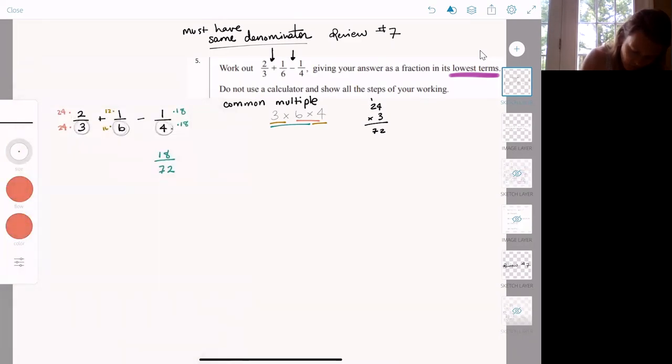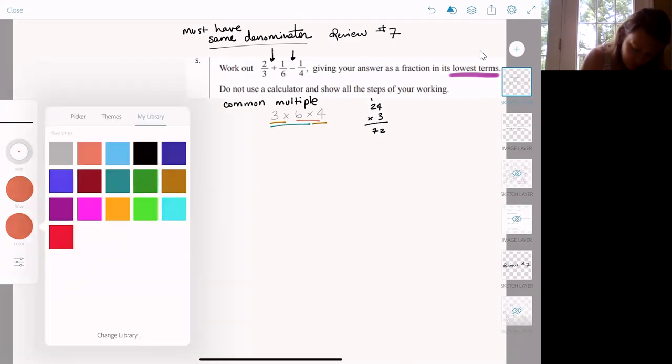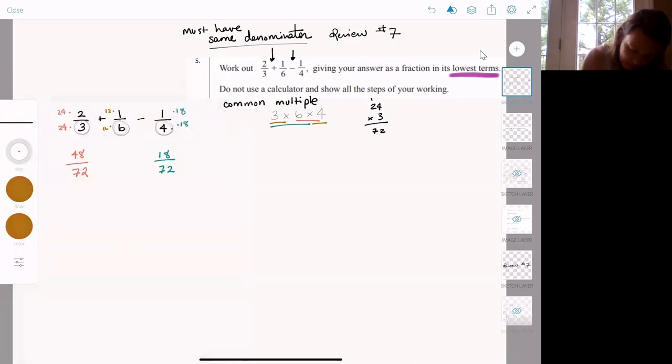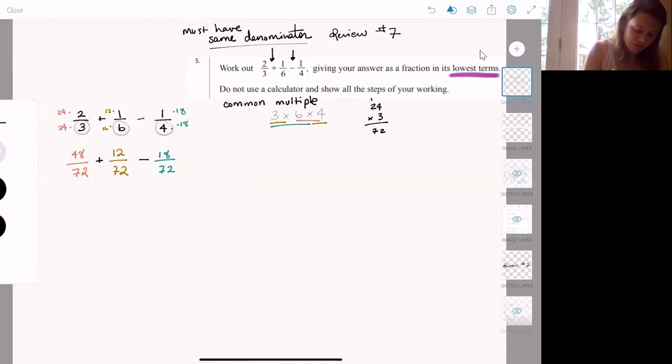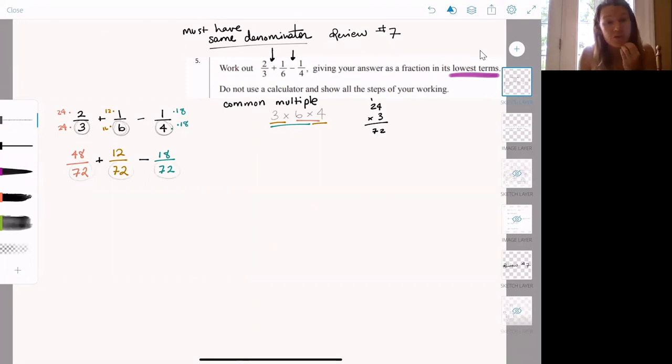And so then here I get 18 over 72. Here I get 48 over 72. Here I get 12 over 72. And don't forget your operations. Now I have the same denominator for all three fractions.